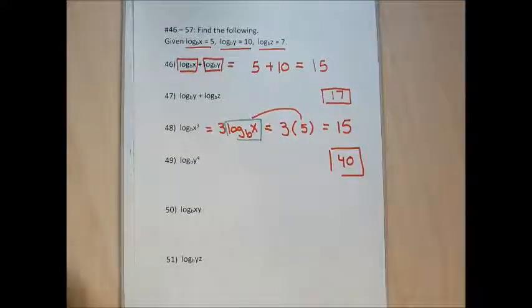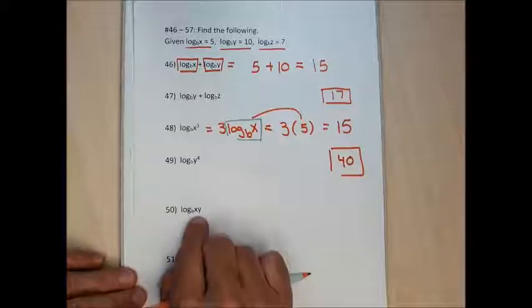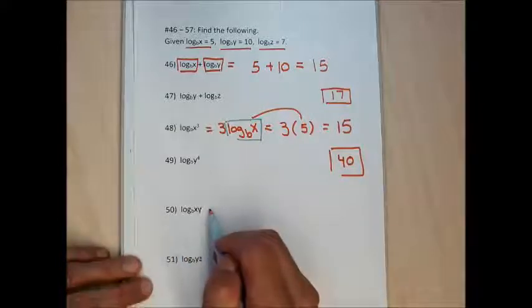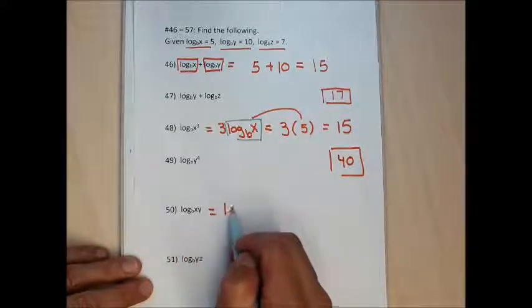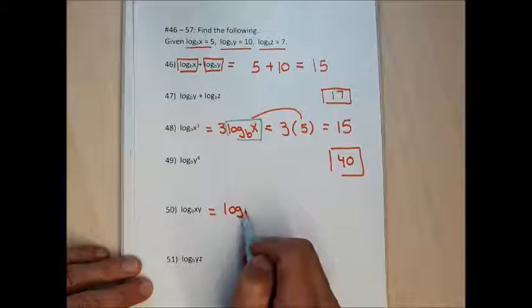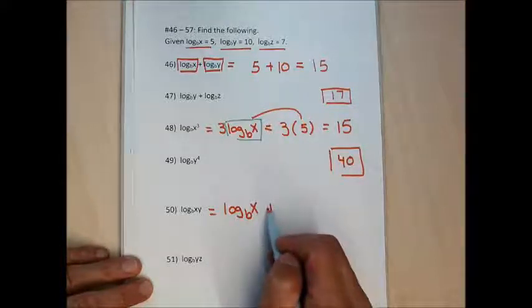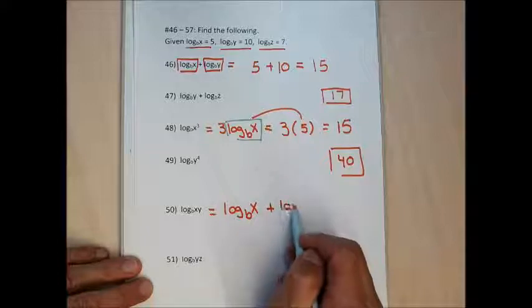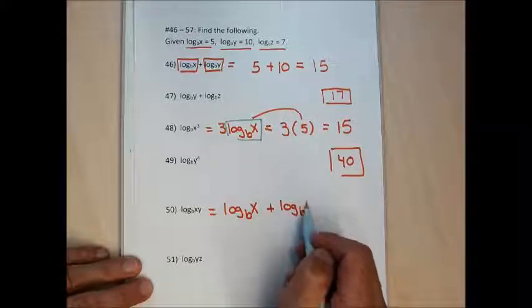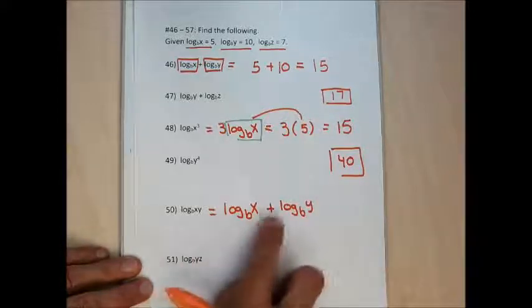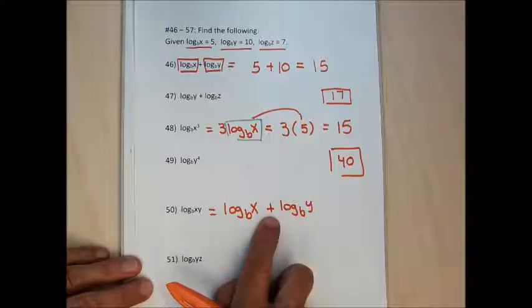When I go to do number 50, I want to find out what the log base b of x times y is, but I don't know that, but I do know that I could rewrite this problem as a sum of two logarithms, because if you're asked to expand from one log into multiple logs, if the arguments are being multiplied, when you do that expansion, you separate the individual logs with an addition.